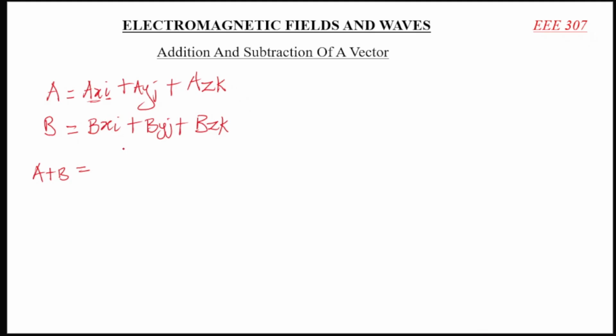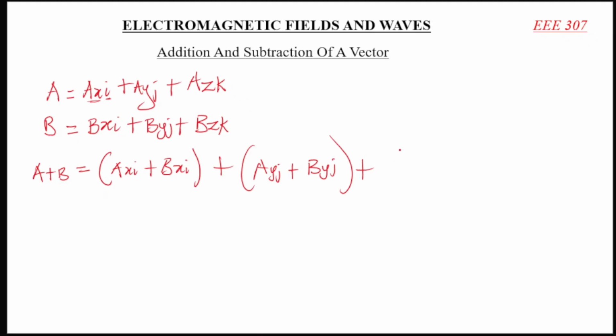So basically, A plus B will simply be AXi plus BXi plus AYj plus BYj plus AZk plus BZk, right?